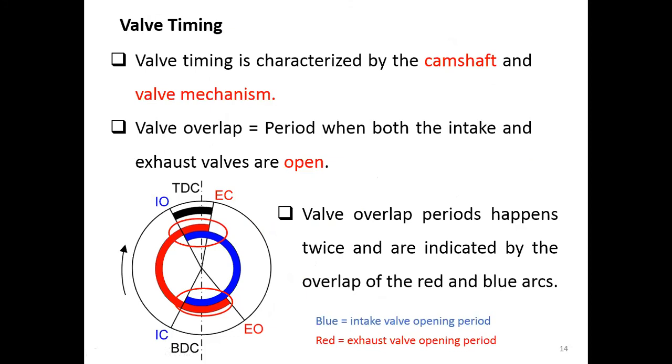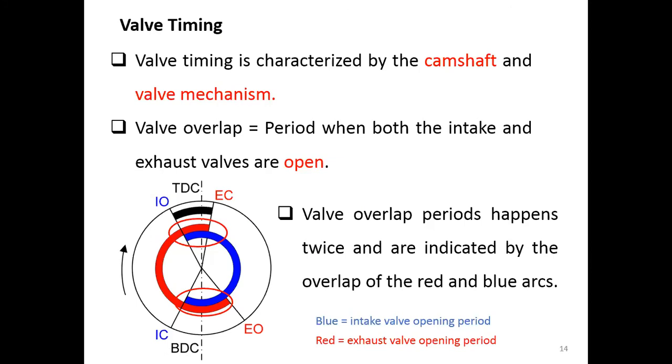The next one is the valve timing, because the valve has to open and close. So we need the timing for the valve to open and close. This valve timing is characterized by the camshaft and the valve mechanism. That means the camshaft and the valve mechanism themselves help the valve to open and close properly, providing a good timing for the valve to work.